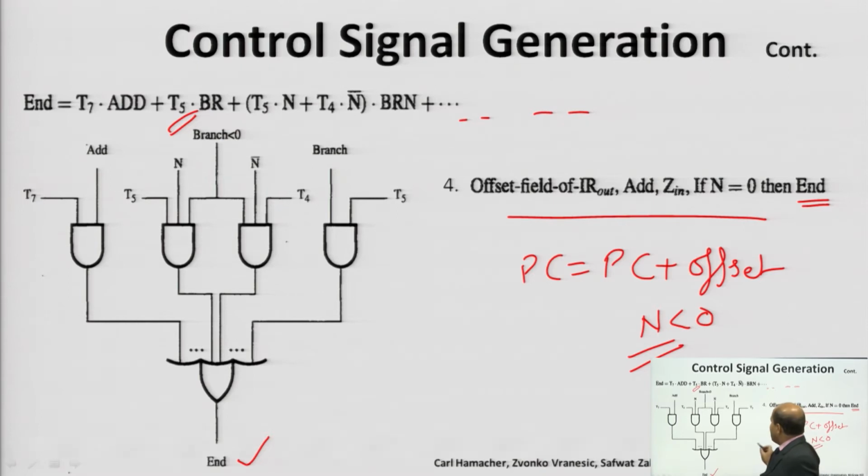So, it is a combination of AND and OR gates, and based on these connections this End signal will be generated. This way hardwired control will issue different control signals to execute any given instruction.